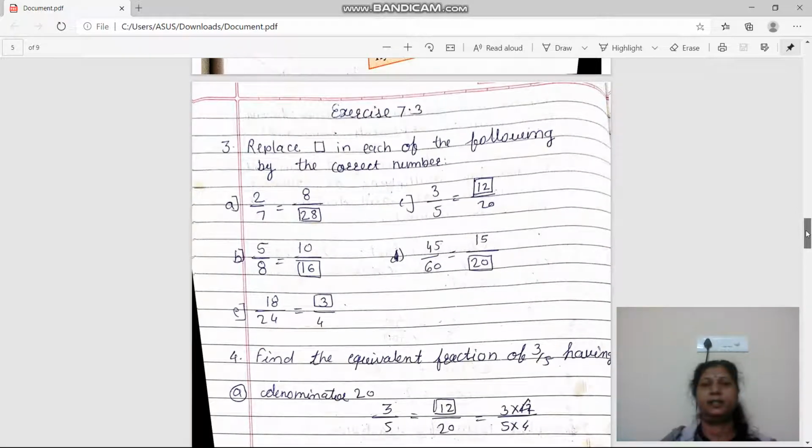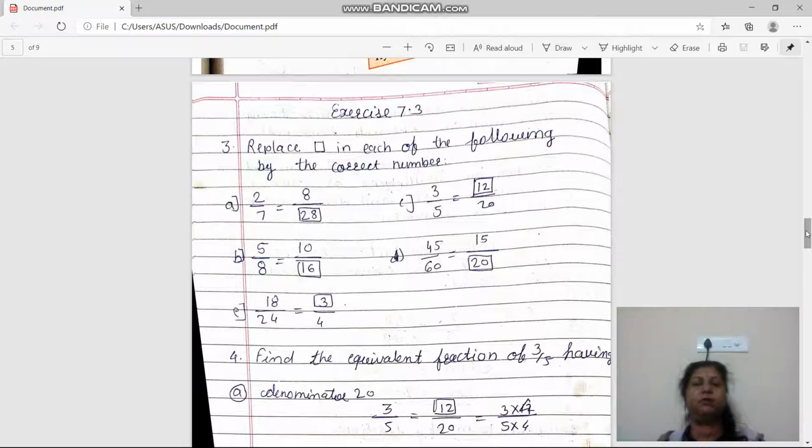Let's start exercise 7.3. Replace the box in each of the following by the correct number. 2 upon 7 is equal to 8 upon box. So 2 4s are 8, so 7 4s are 28. So the number will be 28. 3 upon 5 is equal to box upon 20.